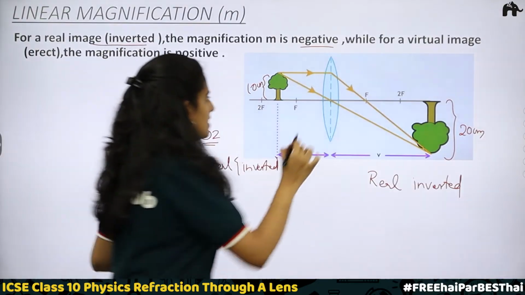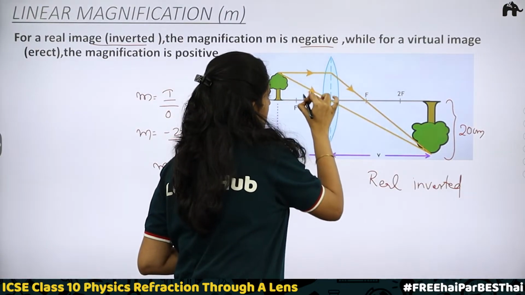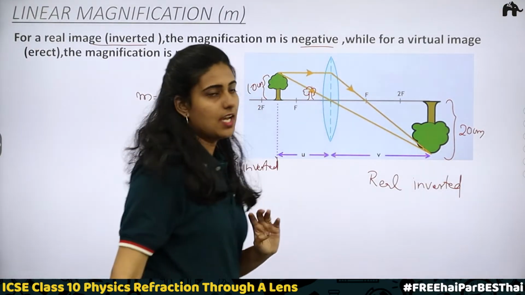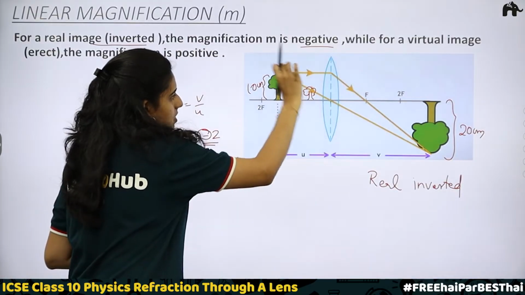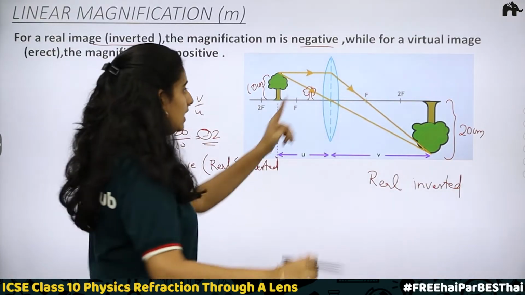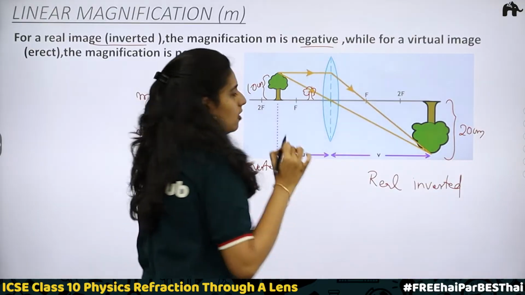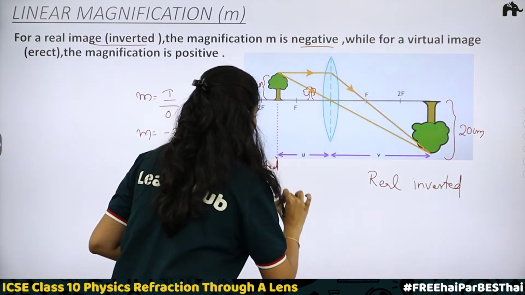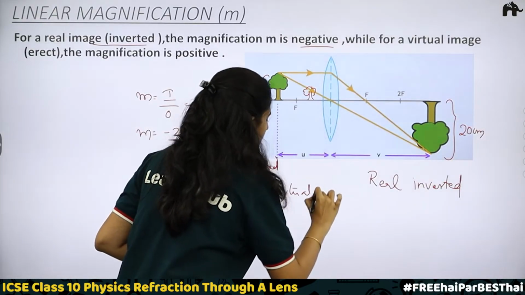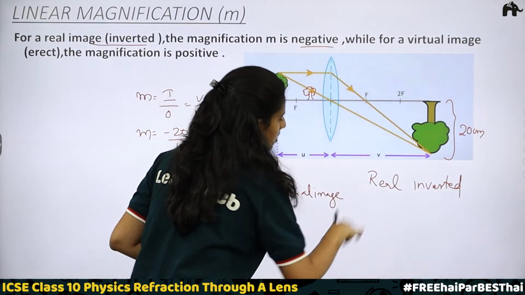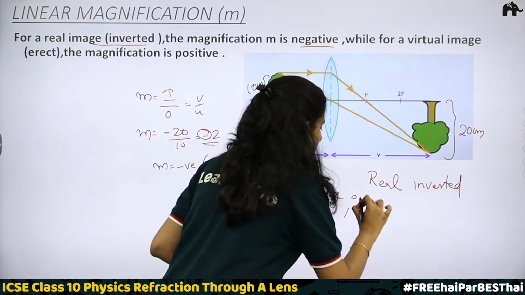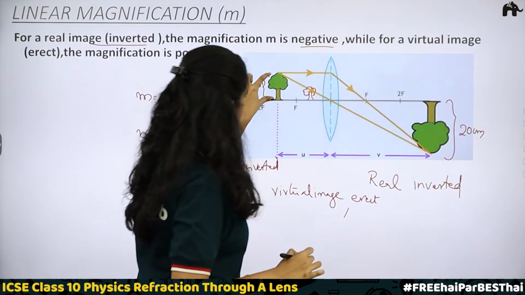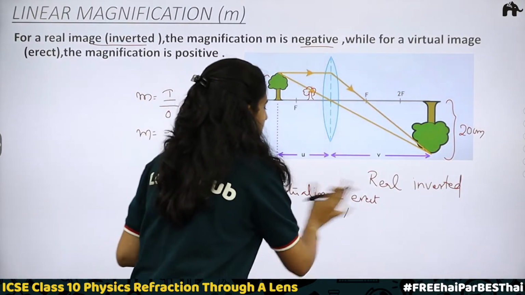Now let's consider the image was formed somewhere here. This is your image. In that case, let's say for the same tree, the image is formed here. We know the image formed cannot be obtained on a screen and it is a virtual image. Virtual image. Also, it is erect, same as that of the object. Erect and virtual image.